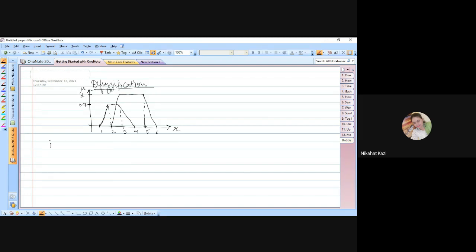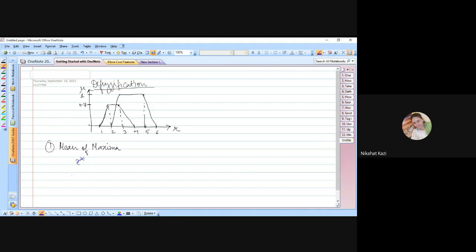Mean of max. Mean of maximum. So what is mean of maximum? Whatever is the maximum peak, from that you have to take the endpoints of that and take the average, right? That is mean of maximum. So if I want to compute it, what is a defuzzified value notation?